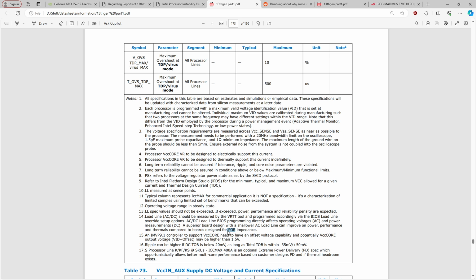I don't know what POR stands for. I've heard of POL, which is point of load, but POR, point of resistance? I'm not entirely certain what that's supposed to mean. But anyway, reading this, a superior board design with a shallower AC load line can improve on power, so I'm going to assume reduces power consumption, increases performance, and reduces thermals.